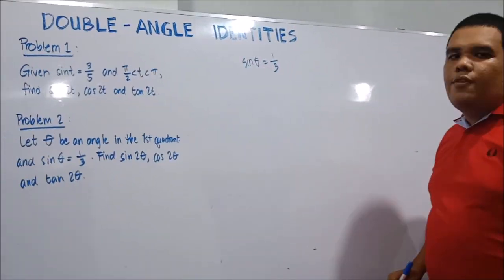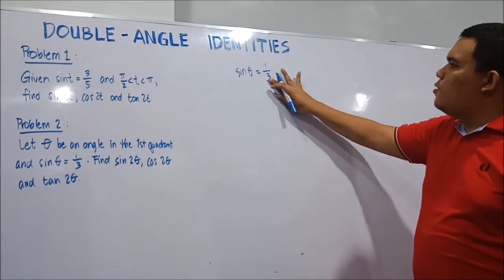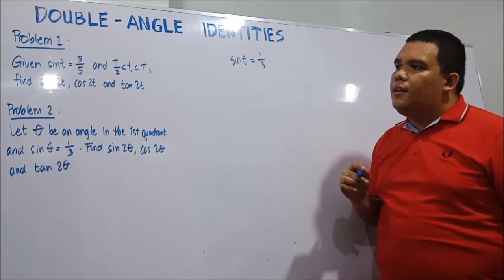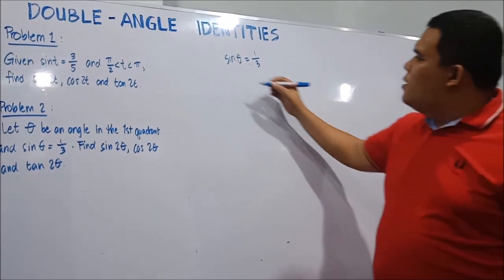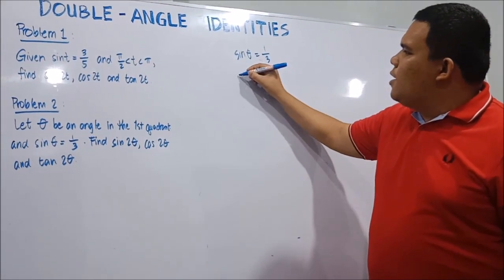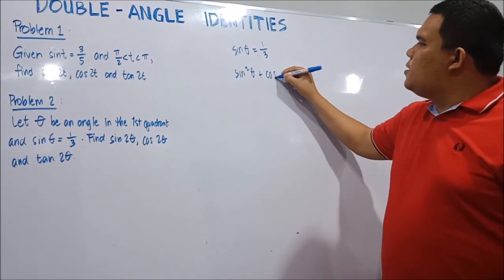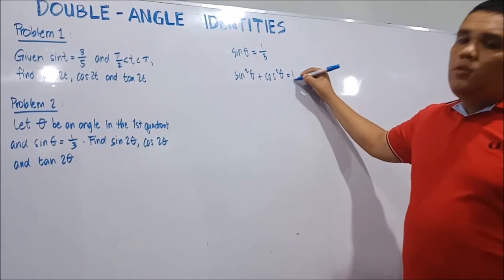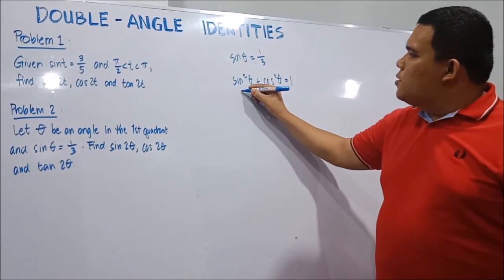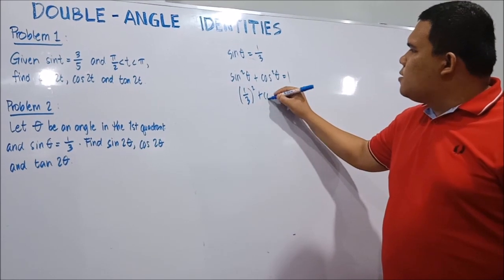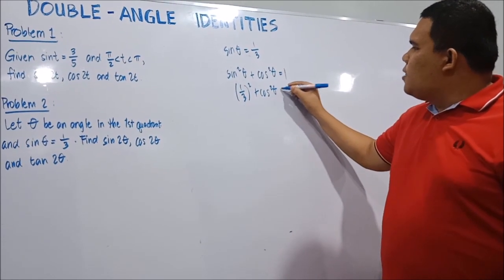So we need a value for cosine theta in order to use the double angle identities for sine, cosine, and tangent. So from the fundamental identity, we have sine squared theta plus cosine squared theta is equal to 1. So sine squared theta is just 1/3 squared plus cosine squared theta equal to 1.